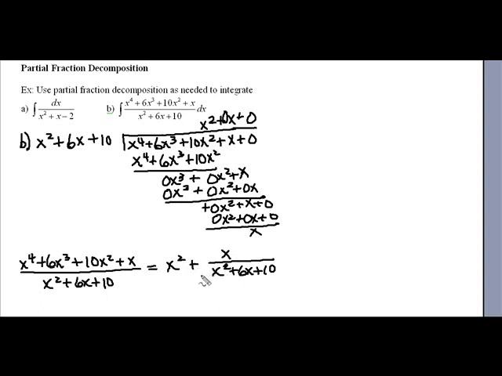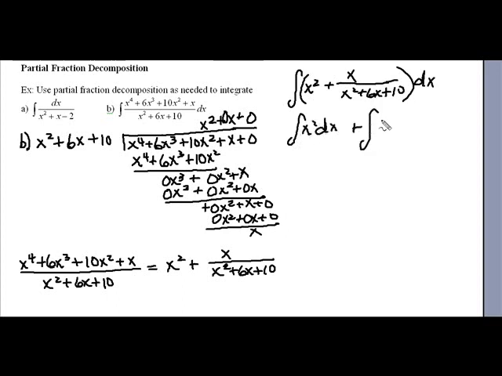So we have the integral of x squared plus x over x squared plus 6x plus 10 dx. We're going to separate that into two separate integrals, the integral of x squared dx plus the integral of x over x squared plus 6x plus 10 dx.